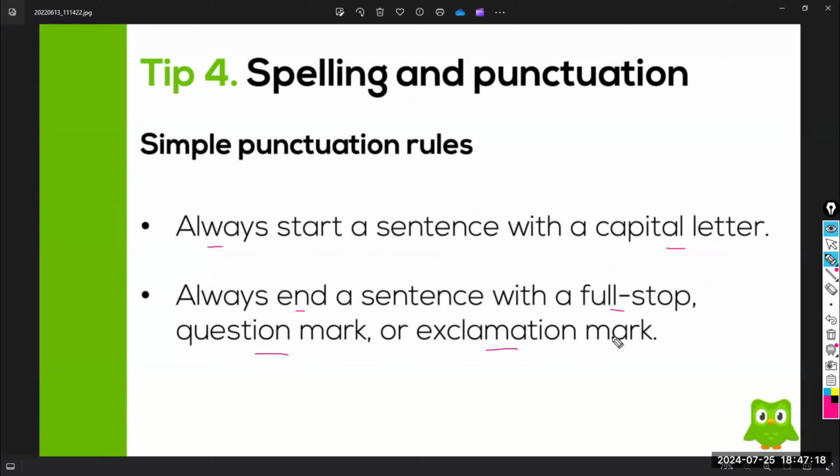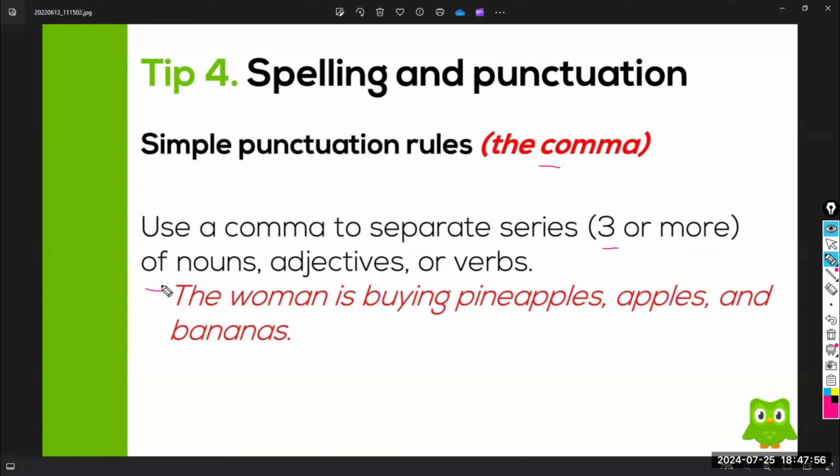And this is rule number one, if you remember, if you have a list, absolutely, I have to separate them using commas because the example he is saying: the woman is buying pineapples, apples, and bananas. And I told you that this comma is optional, but this comma is obligatory. I don't want to lose my time in explaining something I have already explained. So this is it.